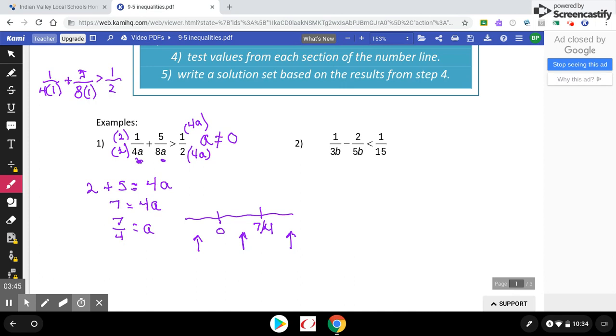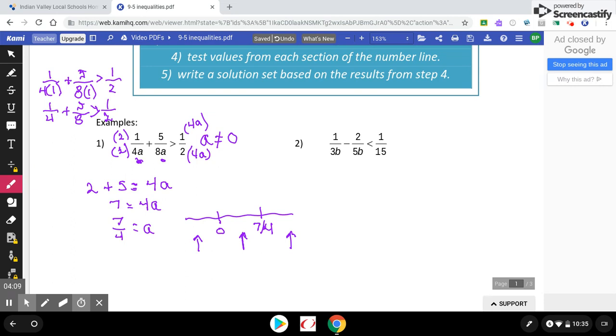So I have to figure out whether this is true or false. Well, I got 1/4. I got 5/8. I got a half. So you definitely have a calculator with which you could figure out what 1/4 plus 5/8 is. But I'm going to tell you right now that 5/8 is more than a half already. So if I add a 1/4 to it, it's most definitely going to be bigger than a half. So that statement would be true.